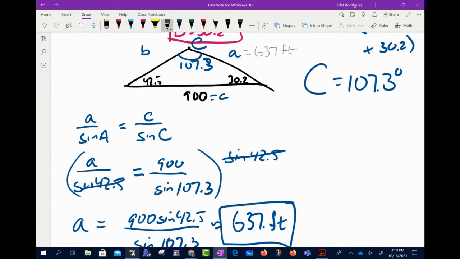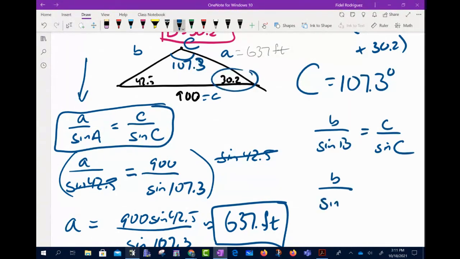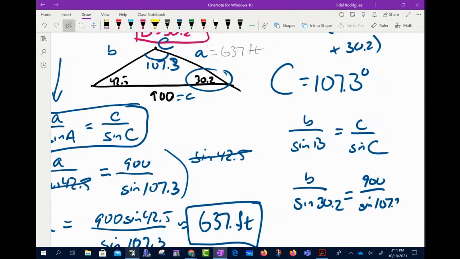Okay, we need to do the same thing for side B. So look, we can do the same thing we did here, but replacing A and little a with B and sine of B. I'm going to write it like this: B over the sine of B equals C over the sine of big C. So B over the sine of B, we said angle B was 30.2, equals 900 over the sine of 107.3.